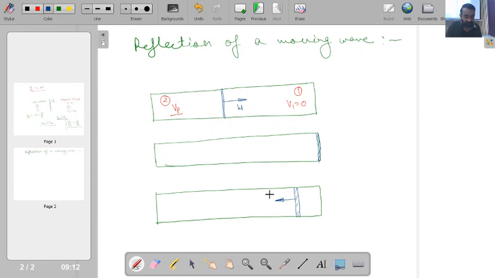When it is reflecting back, say it is moving with reflected velocity Wr.